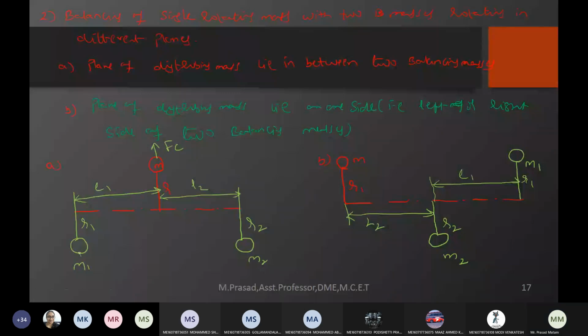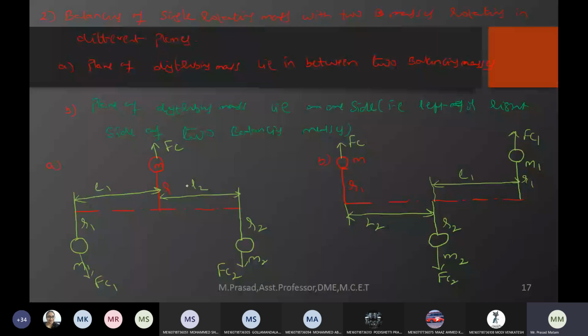Similarly, due to balancing mass M1, I am getting centrifugal force Fc1, and due to balancing mass M2, centrifugal force Fc2. Now come to case 2. This is my centrifugal force Fc, this is the centrifugal force due to the mass M2, Fc2, and this is the centrifugal force due to mass M1, Fc1.